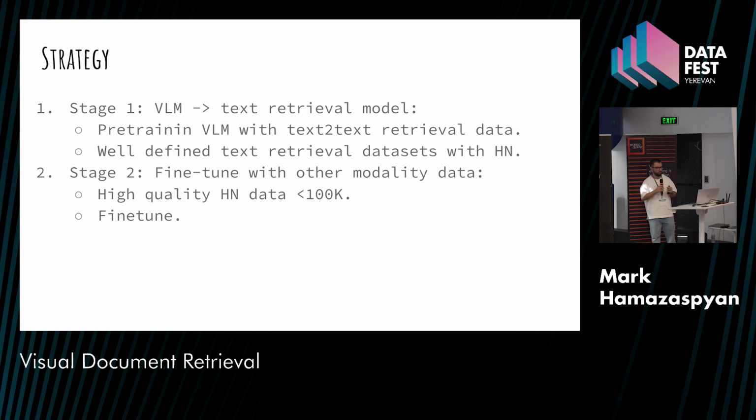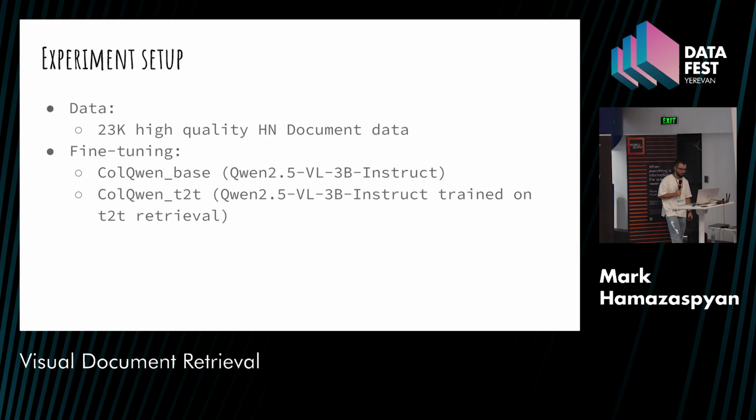So overall, the strategy is this: for text retrieval, it is very easy to find data and fine-tune. For other modalities, we just spend less time to get this 100,000 or even less data. So let's see how we validate this.